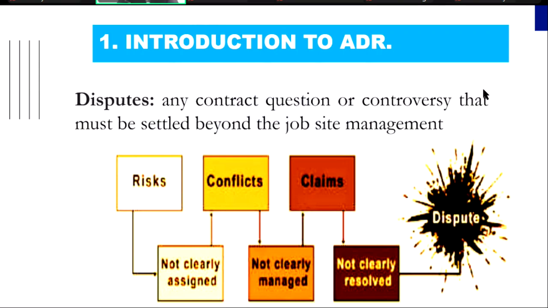In most cases, when two parties enter into a contract, we draft contracts. The purpose of drafting contracts is to allocate risks.